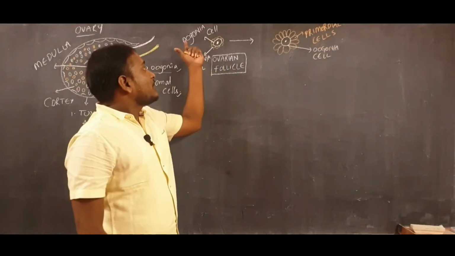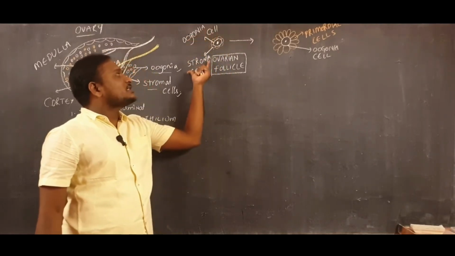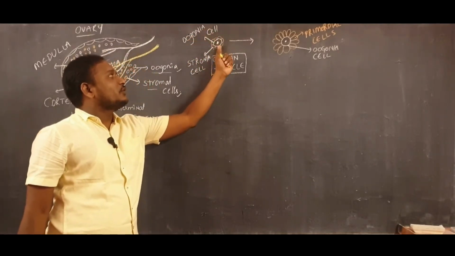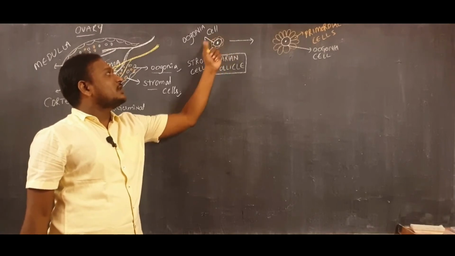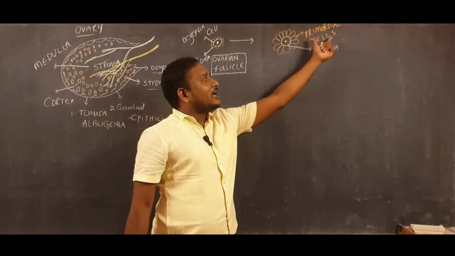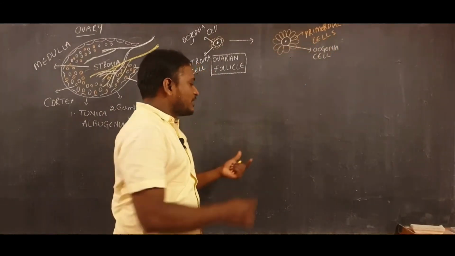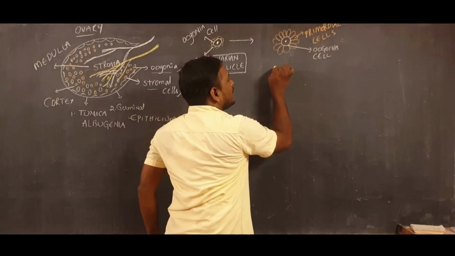So the ovarian follicle consists of two types of cells, oogonia cells and stroma cells. This one is the oogonia, and the surrounding cells are stroma cells. These stroma cells increase in size and change into primordial cells, and this follicle is also called a primordial follicle.